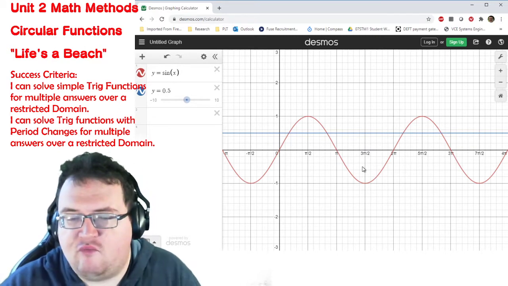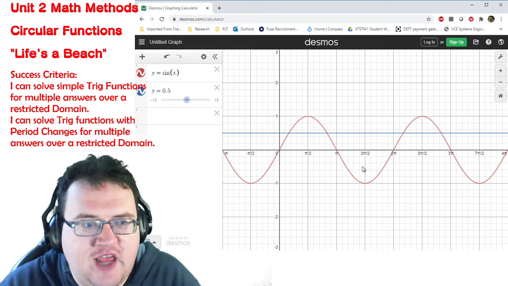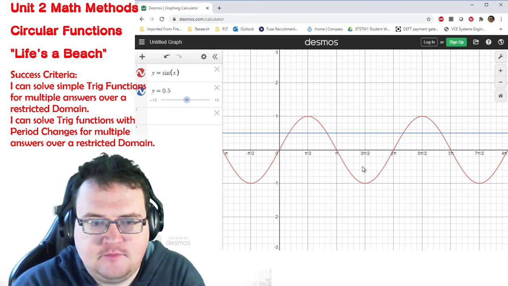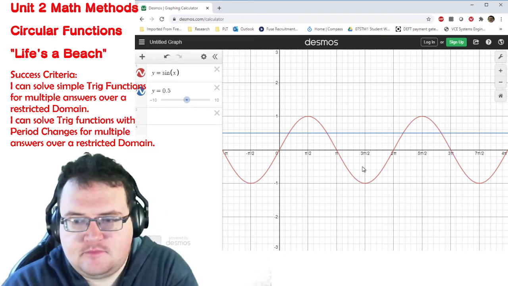I'm thinking about the red line and the blue line. How many times do we have sine of x is equal to 0.5? 4.